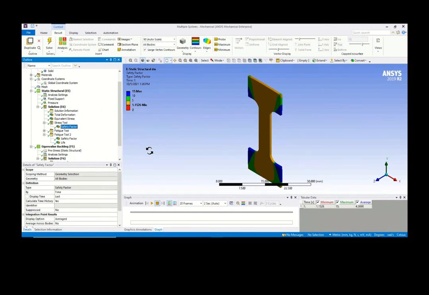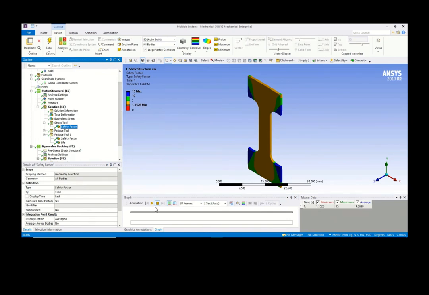In the case where your factor of safety is 1, that means no failure. If it is below 1, then failure will happen. Here it tells you the distribution of the factor of safety: here it is more than 5, and these regions are all at 1.15.